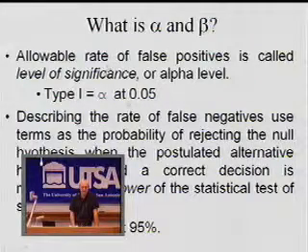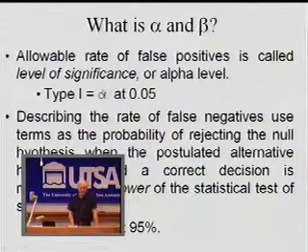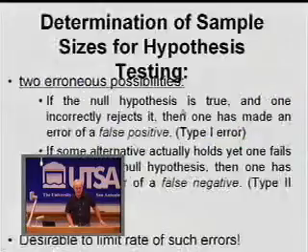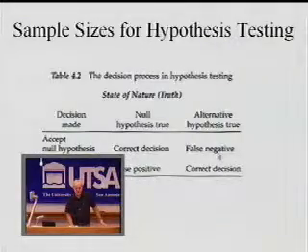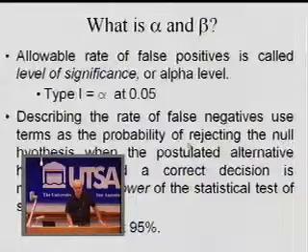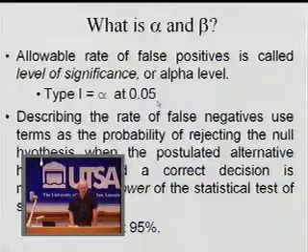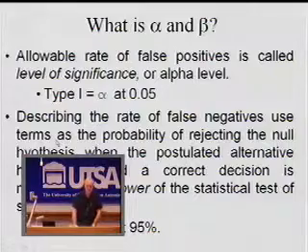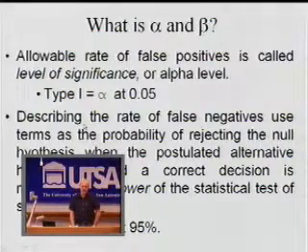You are telling the audience, the readers, that you set your type 1 error, the false positive, back to our table there, the type 1 error here, excuse me, the false negative, you're setting that at 0.05.